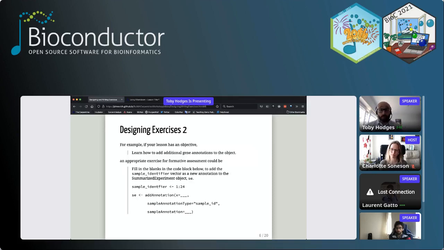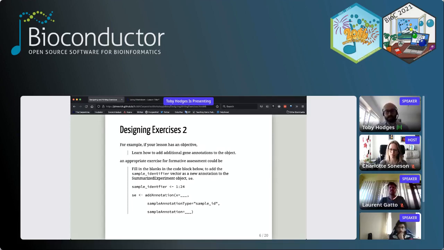So, for example, if your lesson had the objective that you want your learners to learn how to add additional gene annotations to an object, that's one of the objectives taken from one of the lessons we'll talk about today, then an appropriate exercise to assess progress towards that objective could be asking them to fill in the blanks in a code block to add a vector as a new annotation to a summarized experiment object, as shown here.